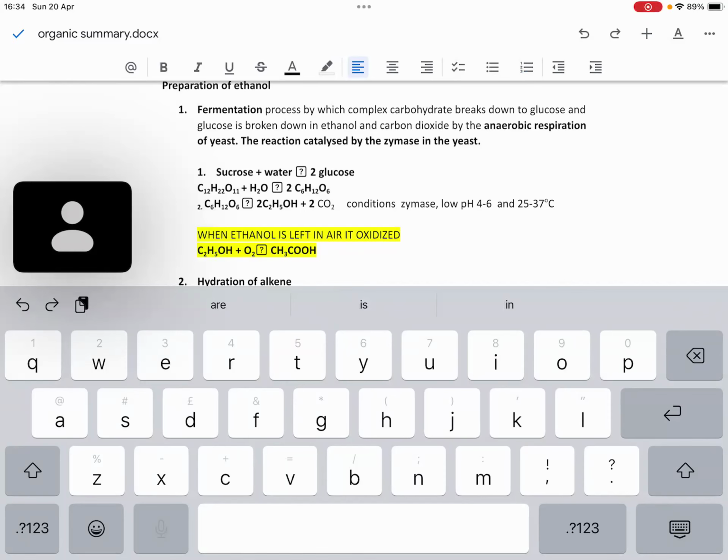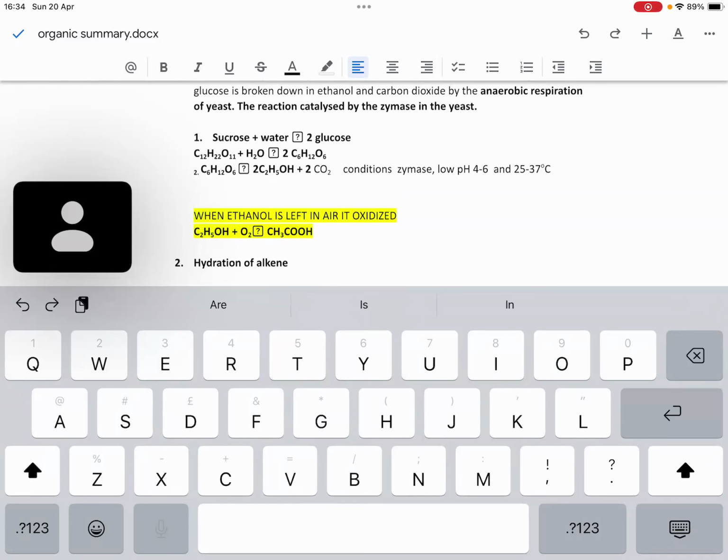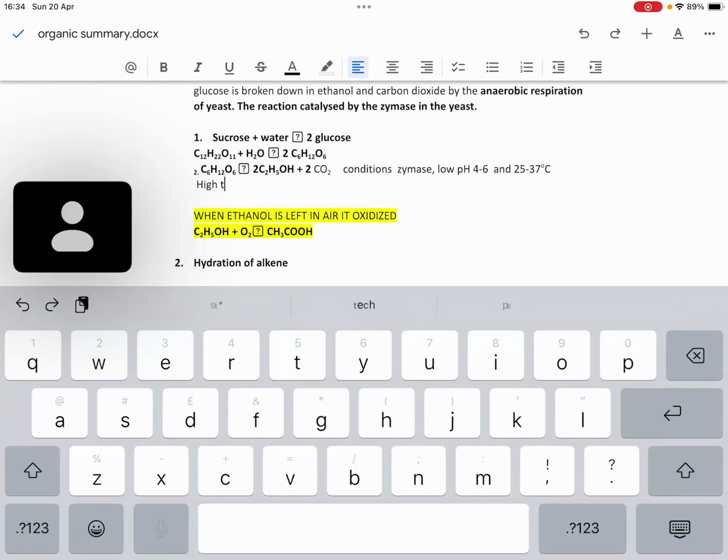We do not use temperatures above 37 degrees Celsius. High temperature denatures and kills the enzymes.